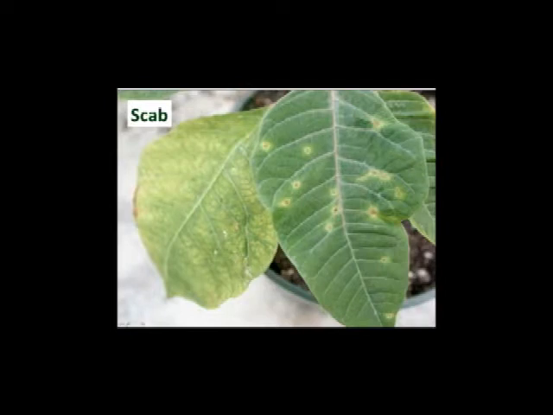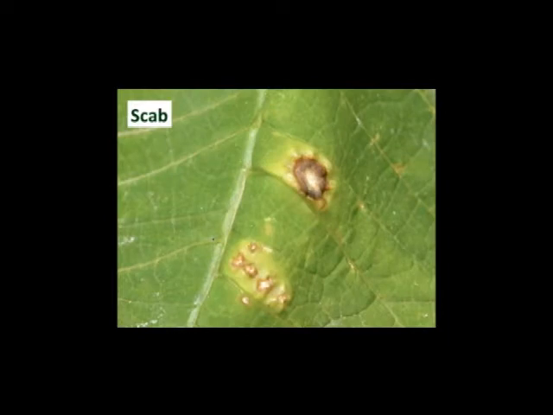So this is an example of when you might want to get an accurate diagnosis, because these are controlled completely differently. Bacteria tend to be controlled with formulations of copper as well as Clean Grow, and scab really needs to be rogued in order to eliminate it. Forward, please. This is another picture of what scab looks like.